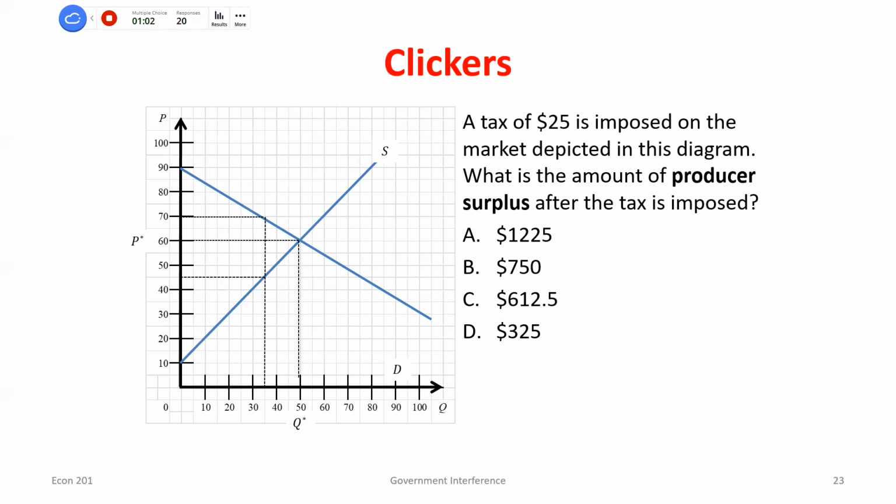There you go, on the base of it, which is 35, and the height is 25. This is an average, so you do that to 34.